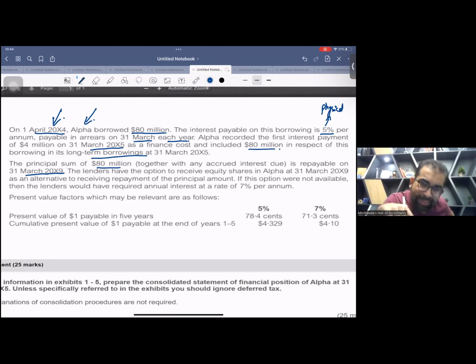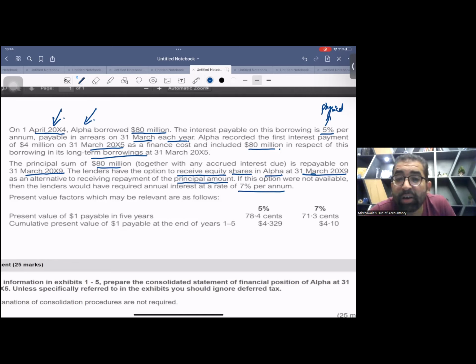The lenders, meaning the investors, have the option to receive equity shares in Alpha at 31st March X9 as an alternative to receiving repayment of the principal amount. If this option were not available, then the lenders would have required an annual interest rate of 7% per annum. See, this is a convertible loan note.